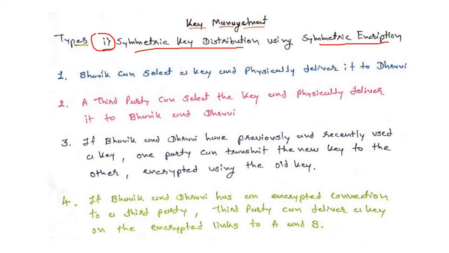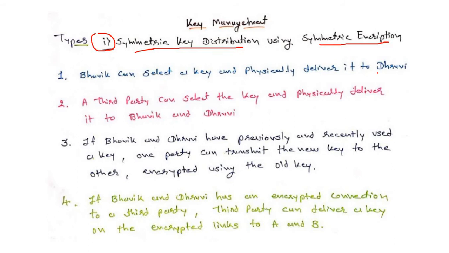So what are the situations? Here two parties, Bhavik and Dhruvi, are communicating with each other. First case, Bhavik can select a key and physically deliver it to Dhruvi. Suppose in general, whenever we are making a lock on anything, consider it in non-technical terms, like we are going outside, so we put a lock on our home. Suppose 2 members are living in our family.